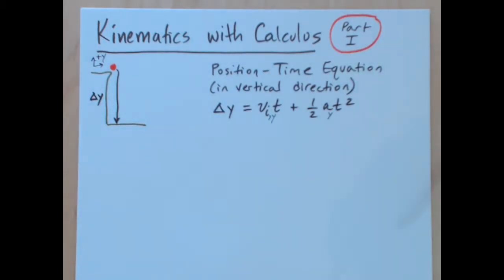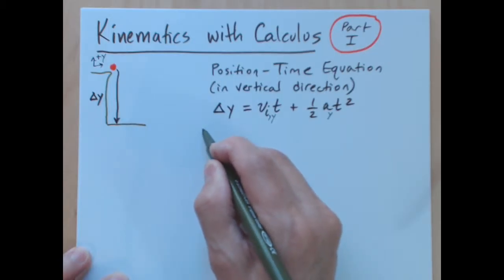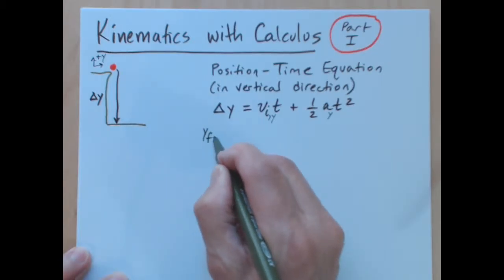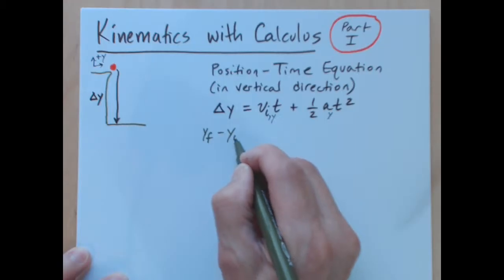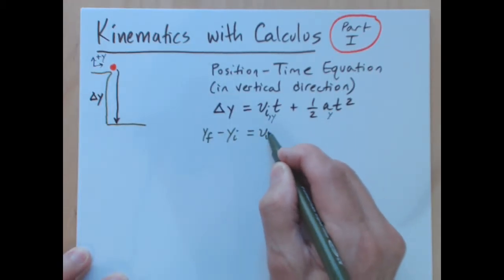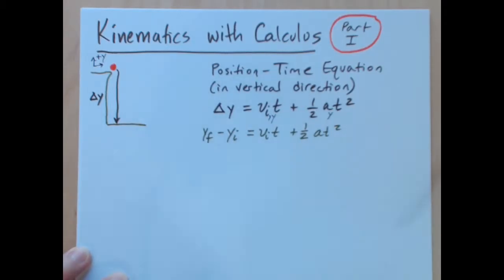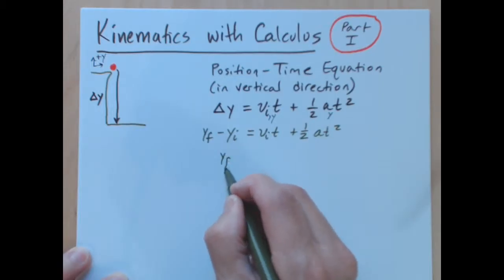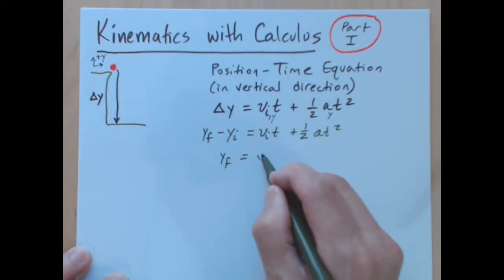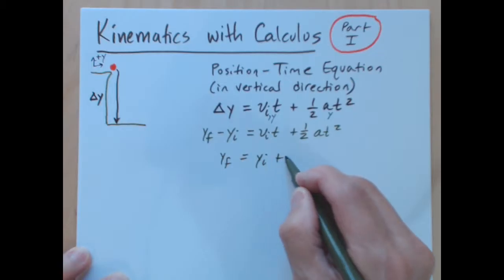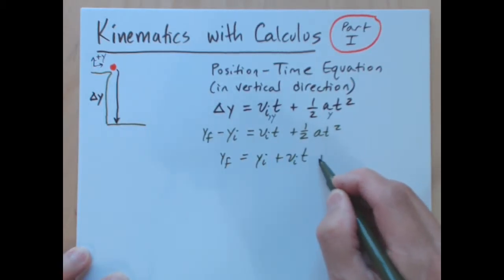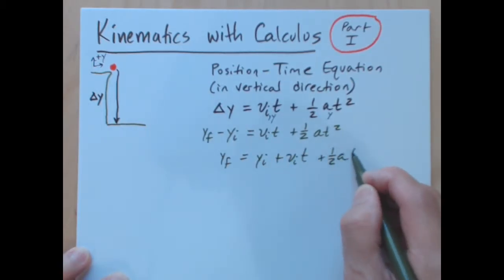The next thing we might want to remind ourselves is that delta y can be expressed in a variety of ways. For example, y final minus y initial is equal to v initial t plus 1/2 at squared. It could also be expressed as y final is equal to y initial plus v initial t plus 1/2 at squared.